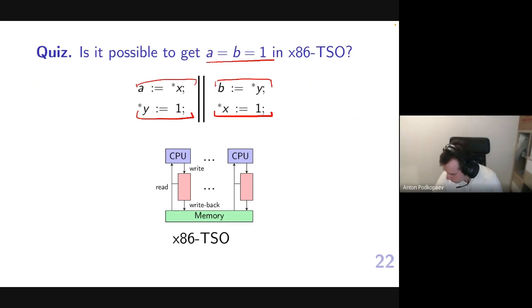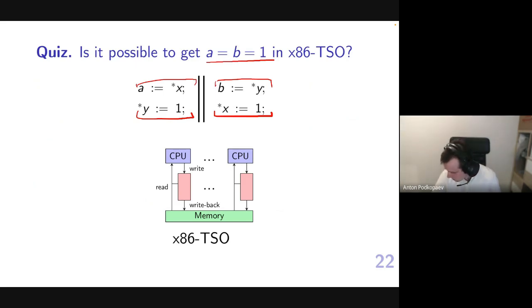By the way, there is a comment saying that TSO is a strong memory model. Actually, this is rather a discussion on terminology, so I would prefer not to go there, because some people say that TSO is a strong memory model, but I prefer to say that the strong memory model is sequential consistency. But it's just terminology.